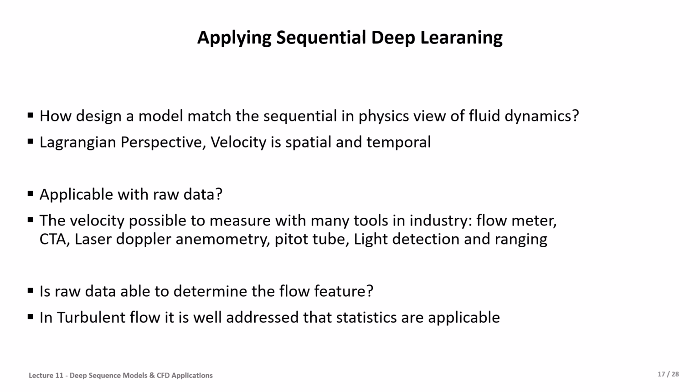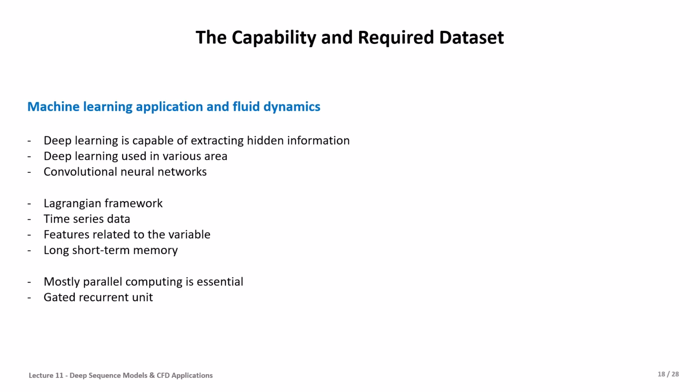Having a statistical measurement from the turbulent flow will provide a possibility to use this data for deep learning models. So far we specified how we can make a connection between the deep learning model and the data that could be measured in the turbulent flow.